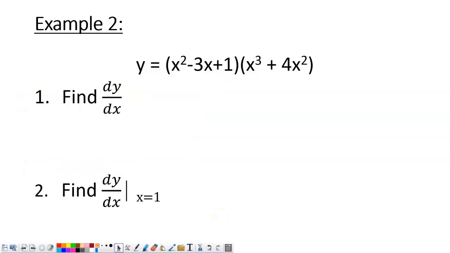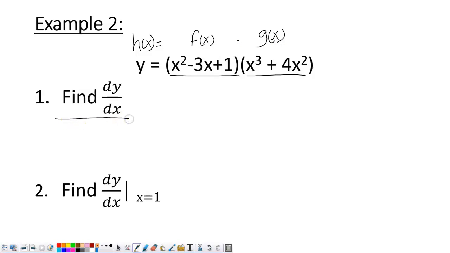But in this problem, we actually know what our functions are. So y is kind of like my h. This thing, x squared minus 3x plus 1, that's going to be my f of x. And this one over here is going to be like my g of x. But as you guys can see, it's still a product function. We still are going to apply the product rule to find the derivative.